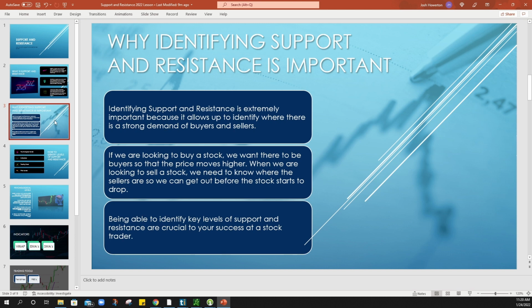But if you're able to identify these levels, you may be able to identify $4, not $4.50, and wait to buy until there's other buyers there as well. Because again, 10 cents, 20 cents, 30 cents, team, as day traders, that means a lot. On 1,000 shares, 5,000 shares, 10,000 shares, 10 cents can make a difference. So we need to be able to identify these key levels of support and resistance.